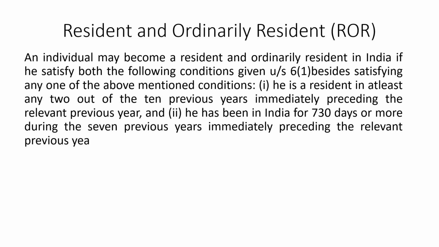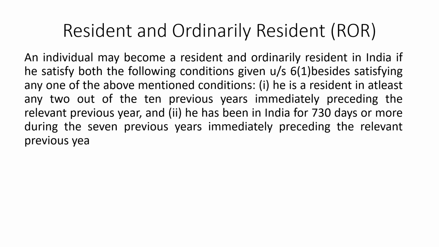For qualifying in the ROR category, the individual should first qualify as R, meaning he should fulfill the basic condition of section 6 subsection 1. Thereafter, he should be resident in at least 2 years out of the 10 previous years immediately preceding the relevant previous year.